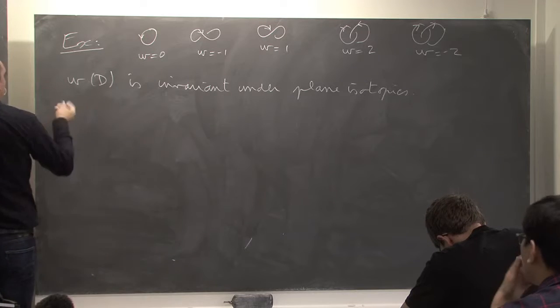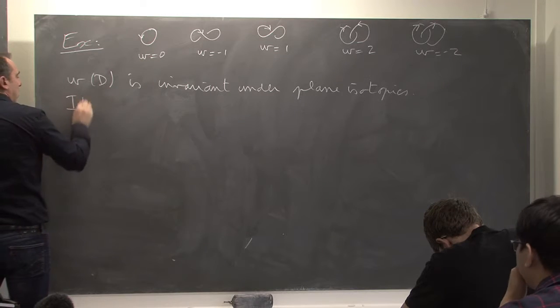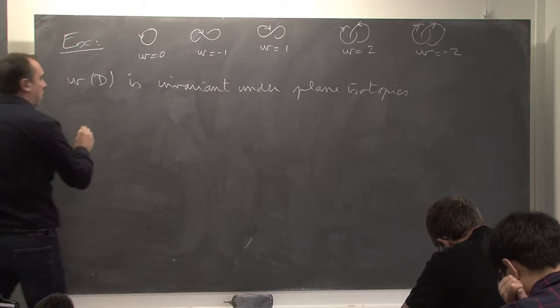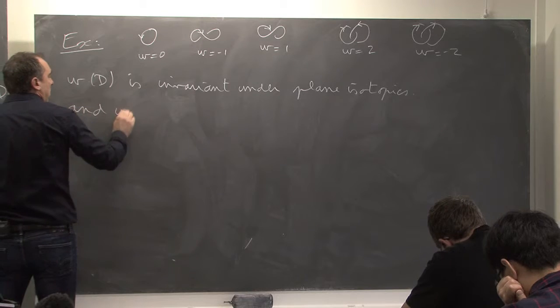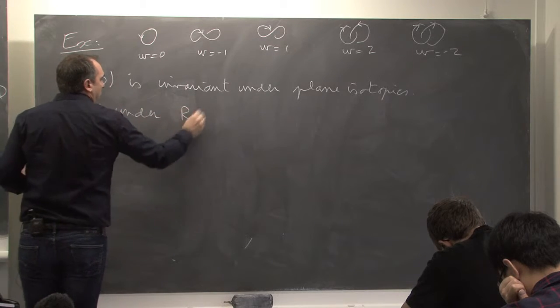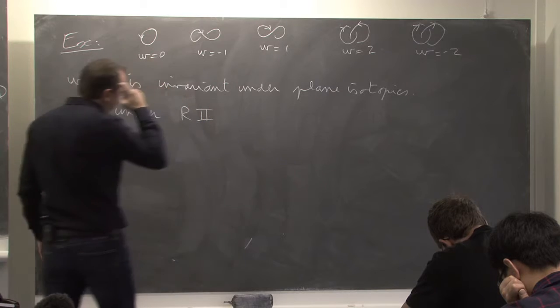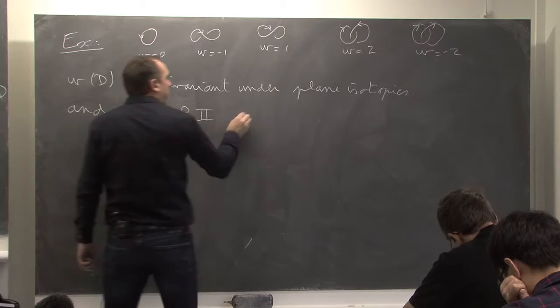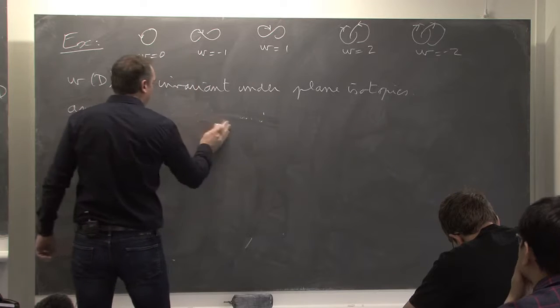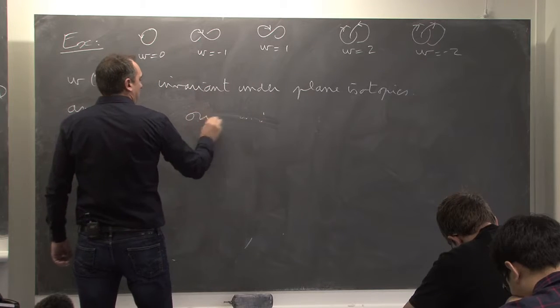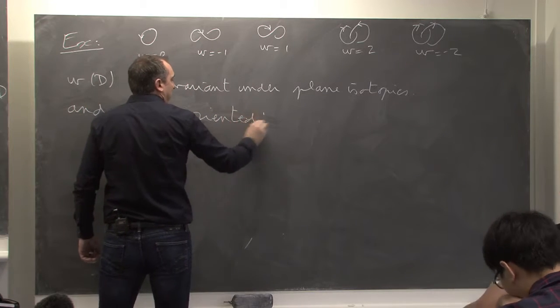This is clear. And under the Reidemeister moves 2 and 3. And let's call the oriented version.